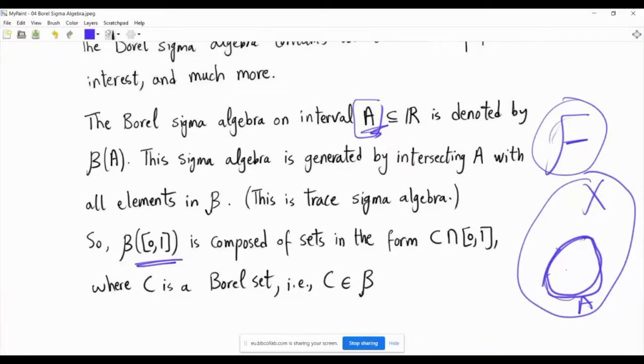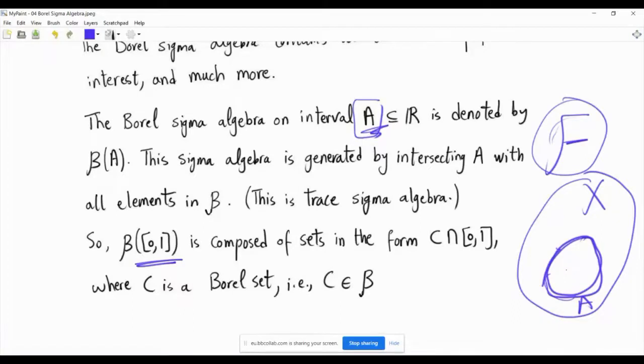Okay, so let's go back to the sigma algebra on R and try to answer some questions. What we are sure of is that this sigma algebra contains the open intervals, but does it contain the singletons? Does it contain closed intervals and so on? Yes, everything you may think of is there.